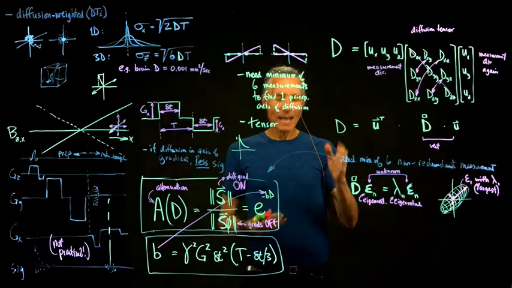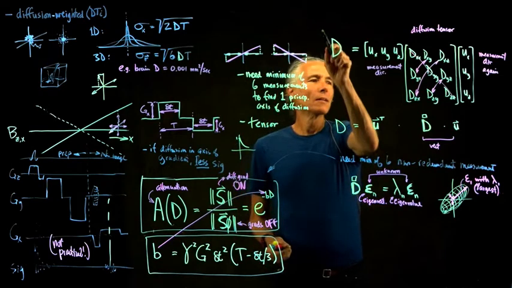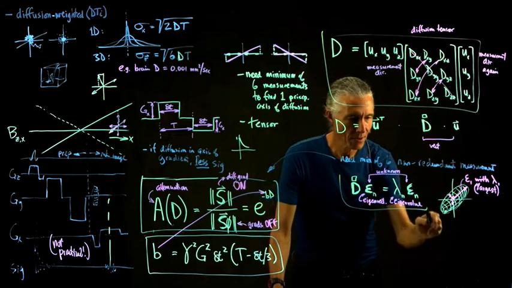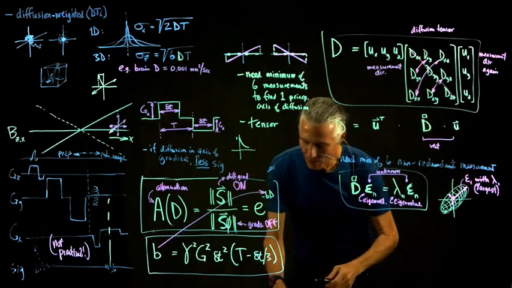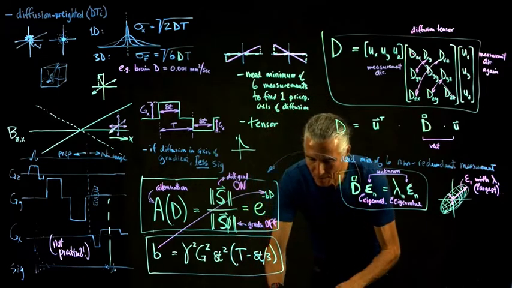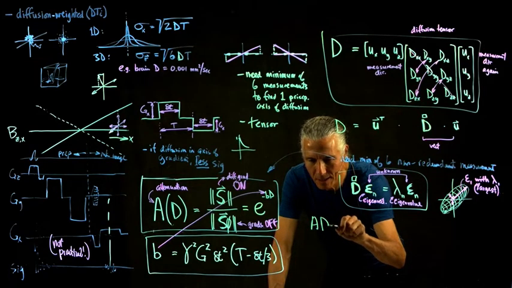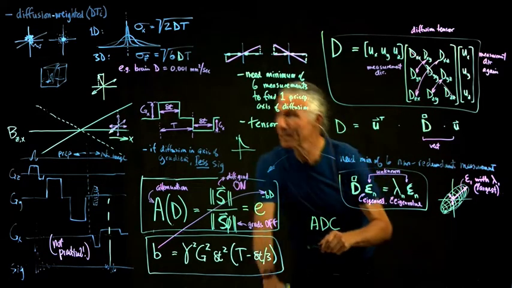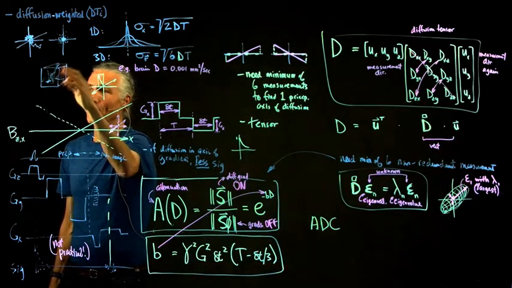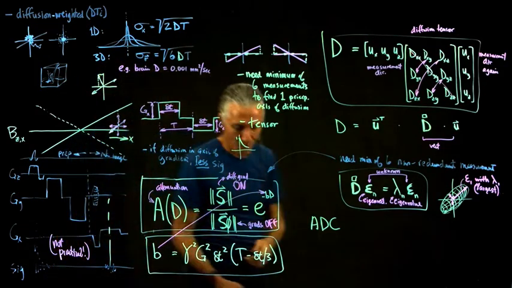But now we want to actually use it, and so typically what you would use it for would be to look at the eigenvalues and make some other simple equations with them. One would be the apparent diffusion constant. It's apparent because there's a whole bunch of junk in there, and we're just approximating it with a uniform thing.